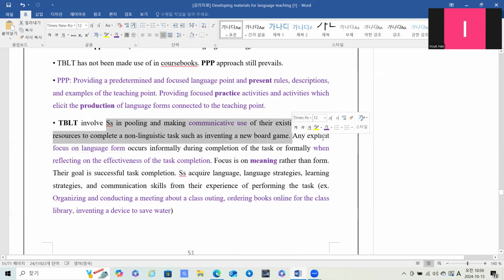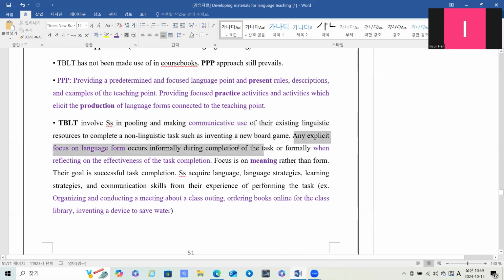Any explicit focus on language form occurs informally during completion of the task or formally when reflecting on the effectiveness of the task completion. These days, usually the focus on form occurs at the stage of reflecting on the completed task.